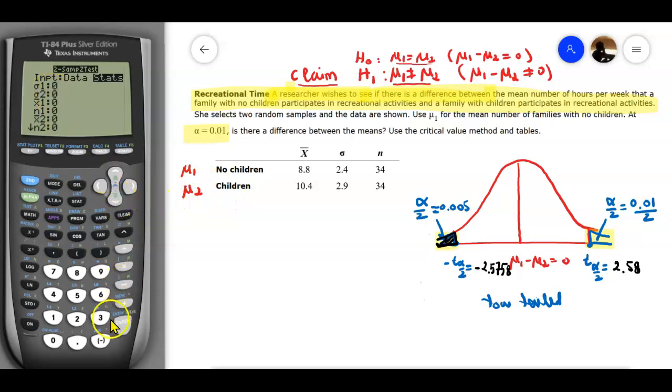So I'm going to just plug in my information there. The sigma is going to be 2.4. This is for sigma 1. Sigma 2 is going to be 2.9. x1 is going to be 8.8 here, and n1 is 34.